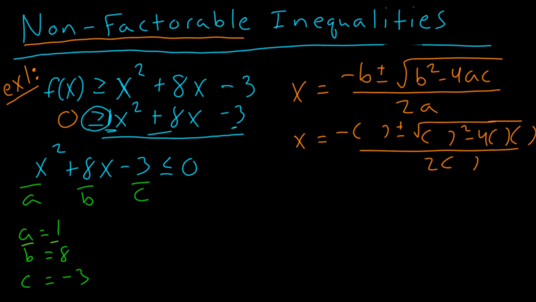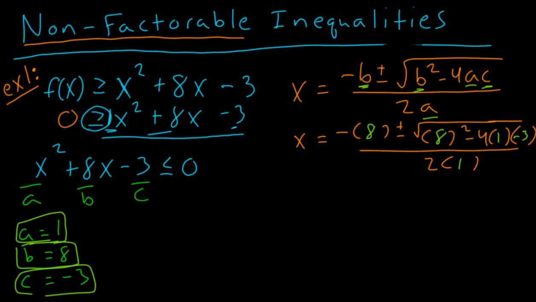Everywhere we see an a, we're going to plug in a positive 1 and 1. Everywhere we see a b, we're going to plug in a positive 8, so I write in 8 and I write in 8. And lastly, everywhere we see a c, we'll plug in a negative 3. Notice there's only one c term, and it's at the very end inside the square root.